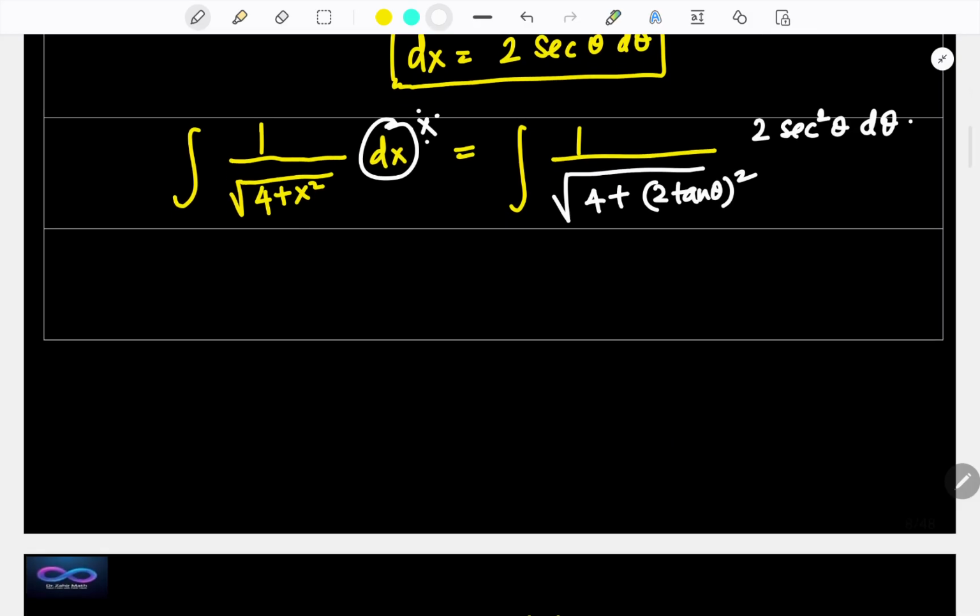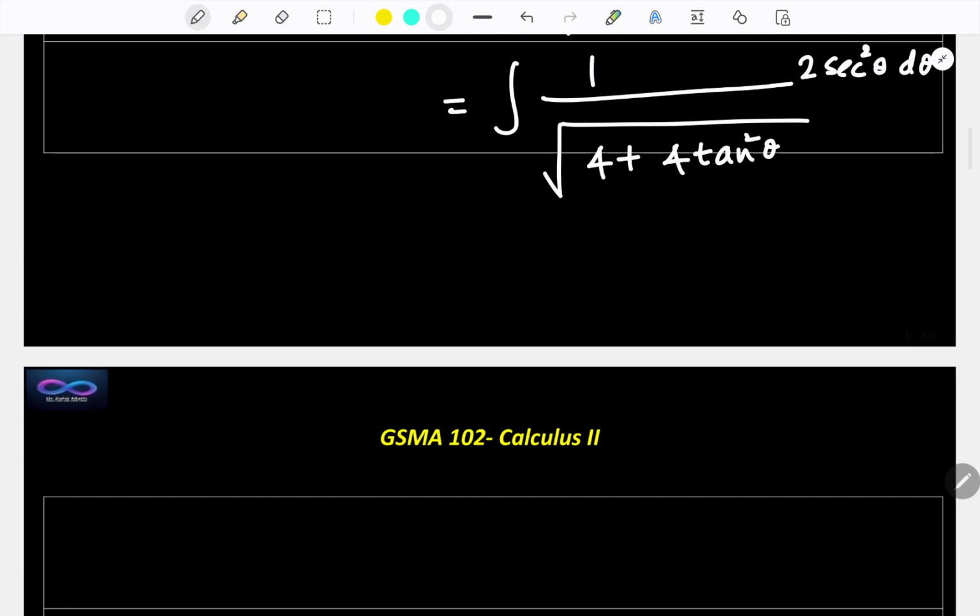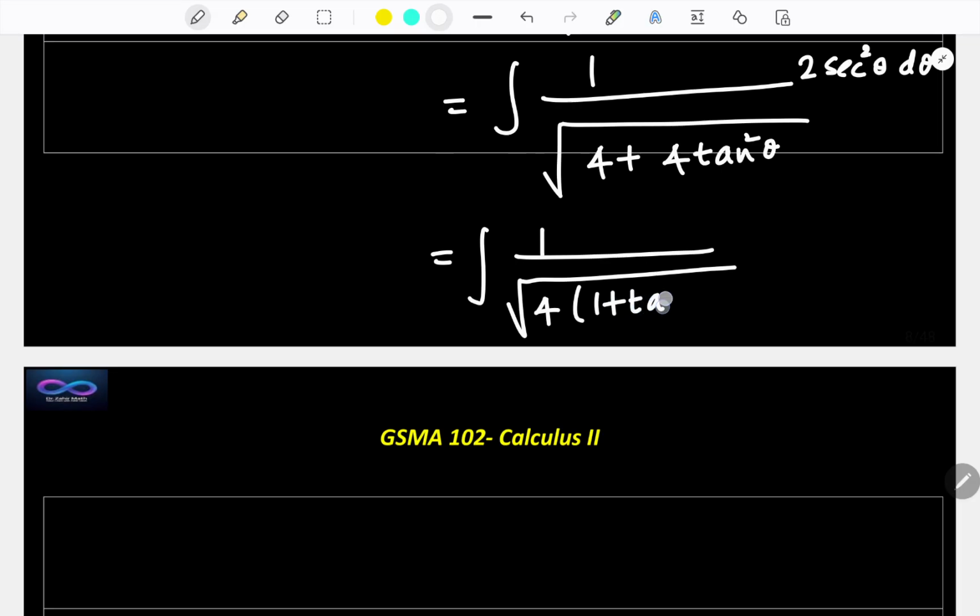So this equals integral 1 divided by square root of 4 plus 4 tan square theta, and then 2 secant square theta d theta. Now I will take 4 out and write 1 plus tan square theta, then 2 secant square theta d theta.